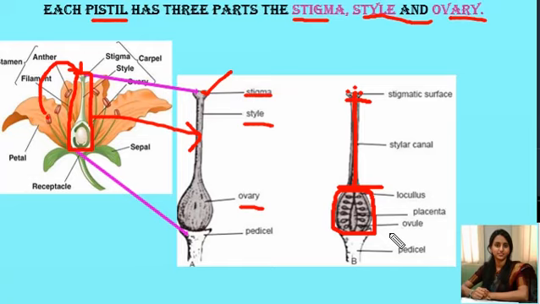As there are many seeds, that indicates that there were many ovules. These ovules arise from a cushion-like tissue called the placenta. The ovules are attached to the placenta.